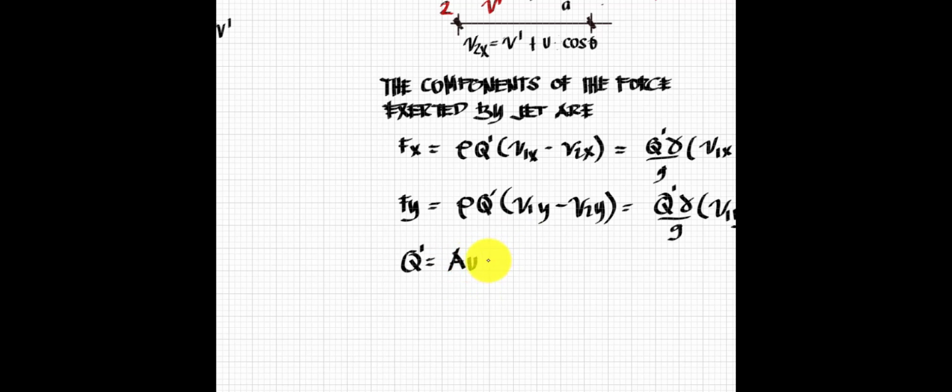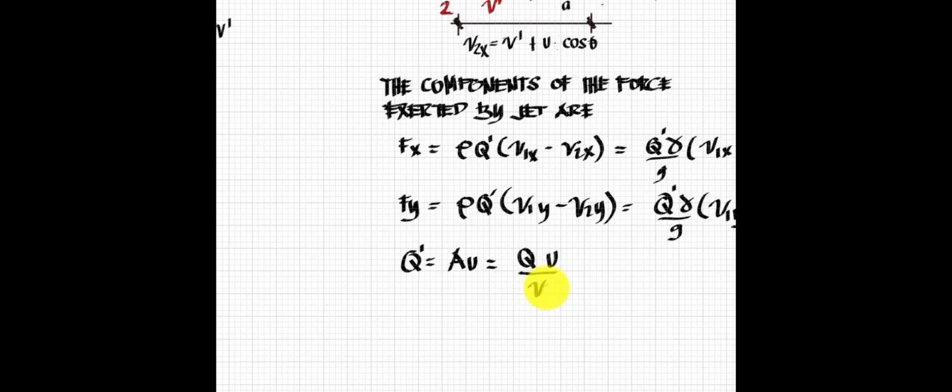So it can be expressed as the volume flow rate, the quantity of water deflected by the vane. It can be expressed as the volume flow rate Q multiplied by the relative velocity of the jet, divided by the absolute velocity of the jet before it strikes the vane.